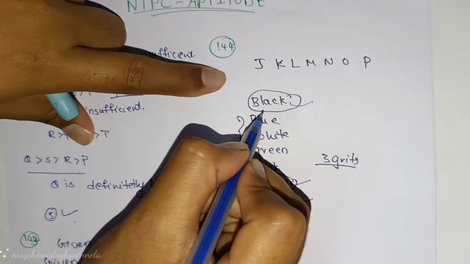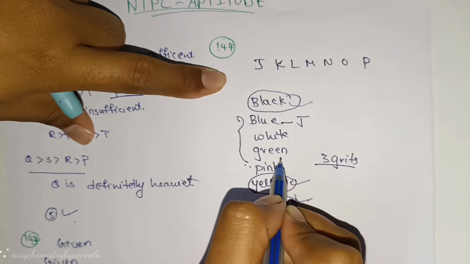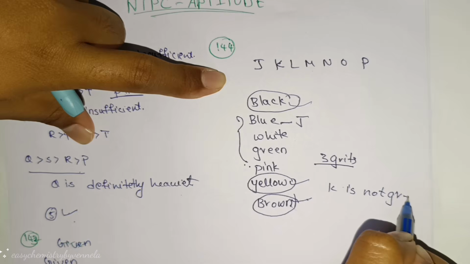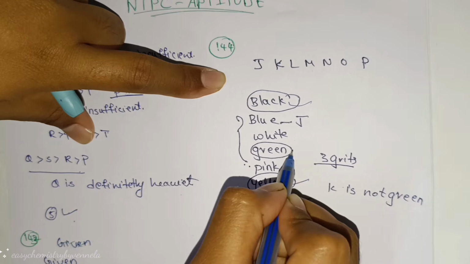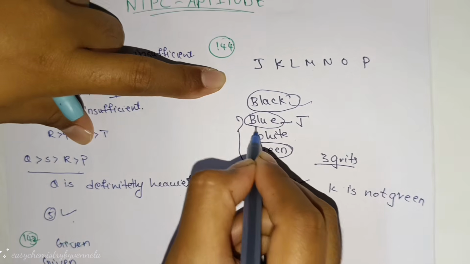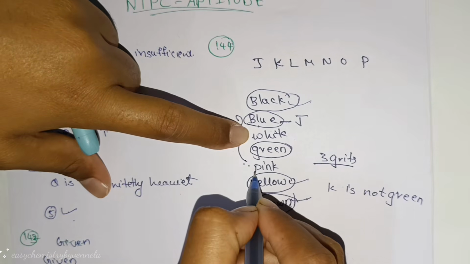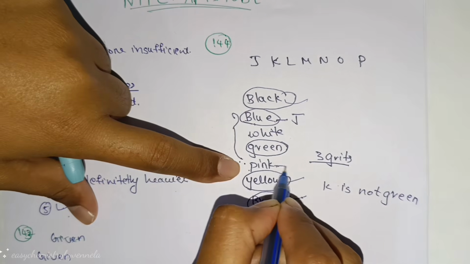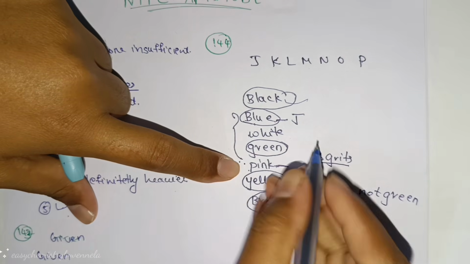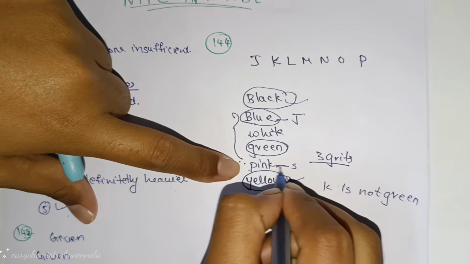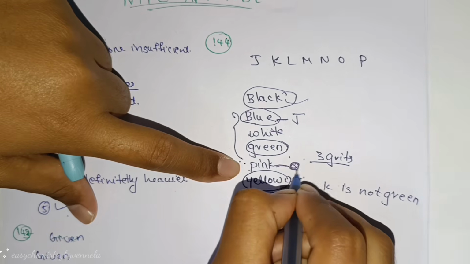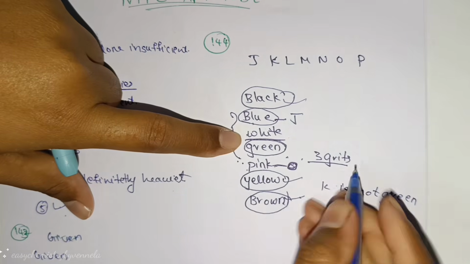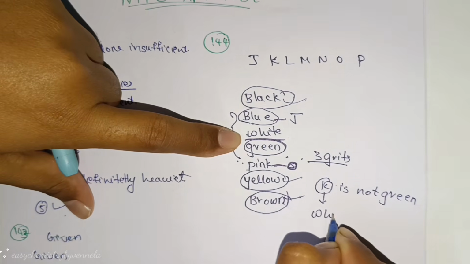J is wearing blue. Next, K is not wearing green, so green is also not correct. Blue is also not correct. The remaining colors are white and pink. But pink is worn by M's sister O, so one girl is wearing pink. O is wearing pink. Then which color remains? White color. So K is wearing white color.